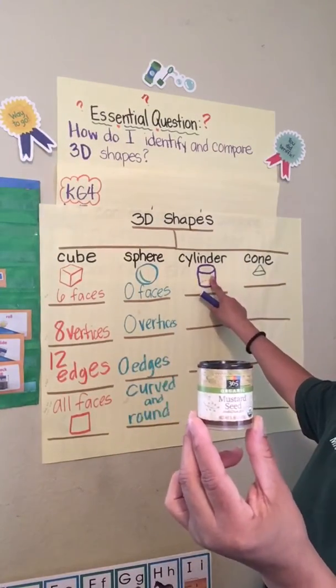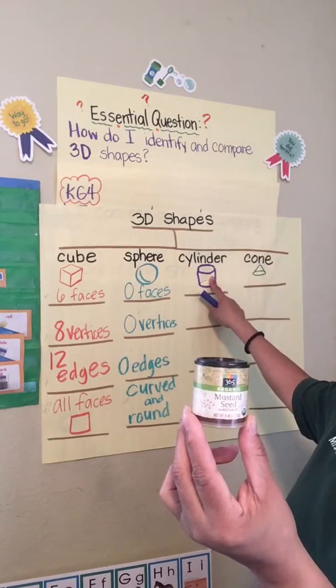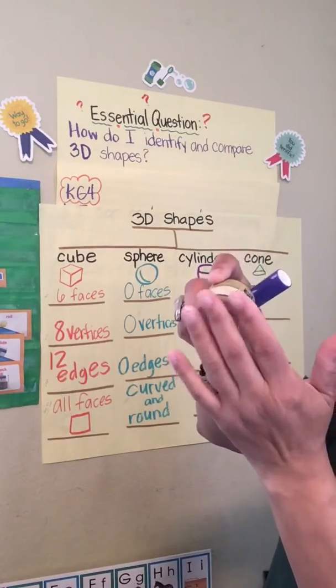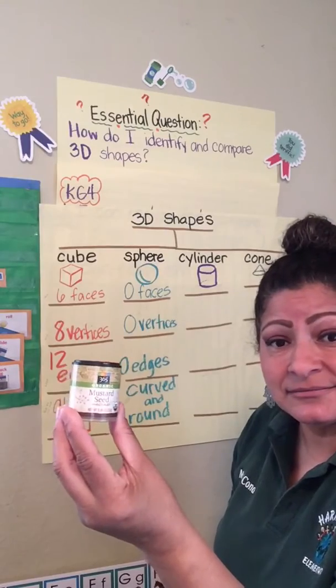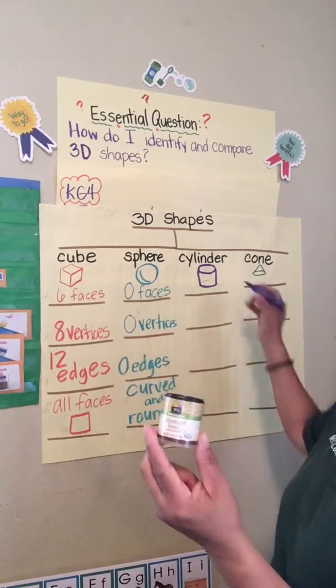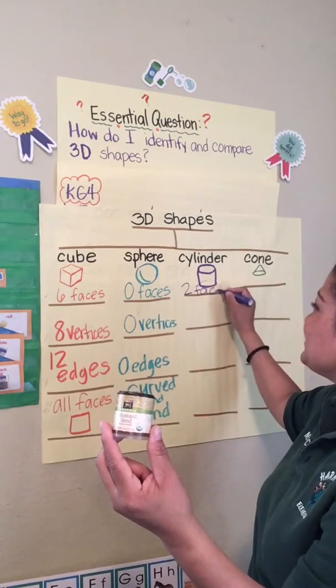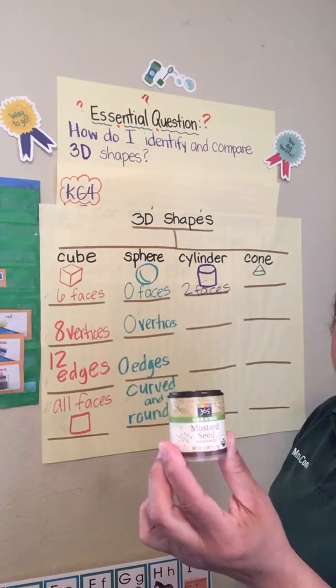Say cylinder. So what are we looking for first? Oh, the faces. How many faces? 2. Let's write that. Hopefully it fits here. 2 faces. How many vertices?